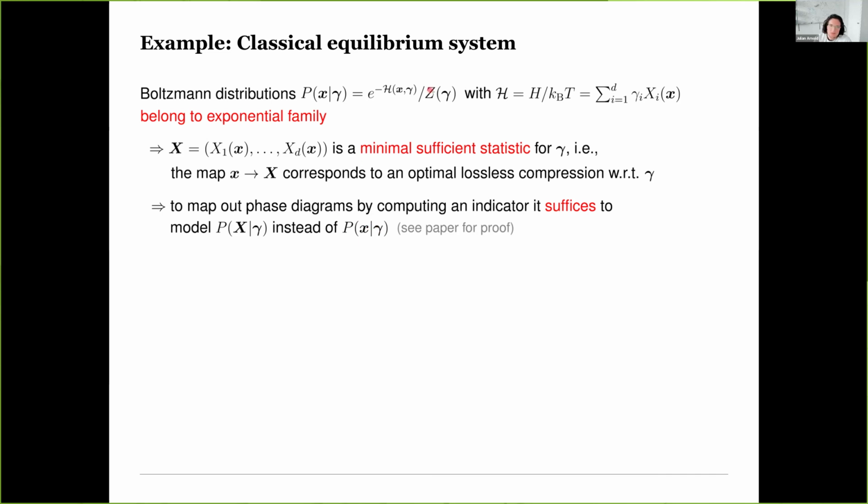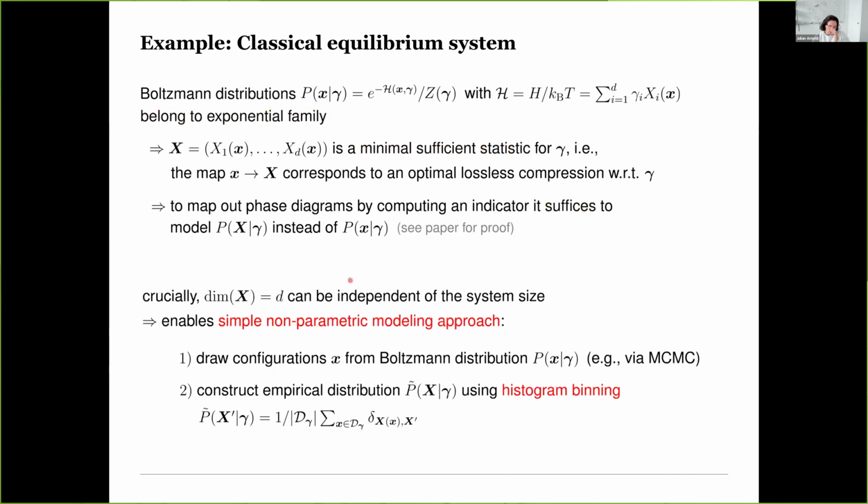So this is the same reason why we cannot access the partition function in general. And as I said, usually this capital X is lower dimensional, so the dimension of X is d, and this can be independent of the system size, and that enables simple non-parametric modeling approaches. So simple approaches for obtaining models for this guy here, P of capital X given gamma.